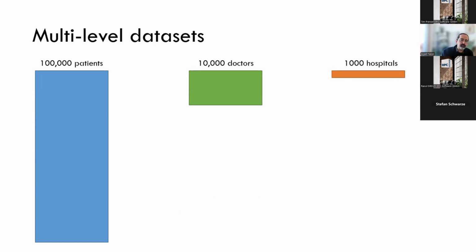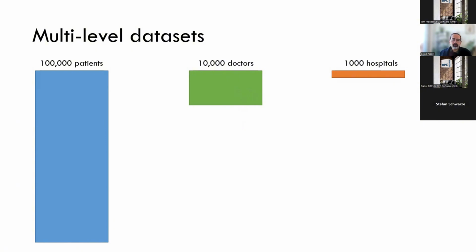It could be students, teachers, schools, right? And so this is a very common setup, where you have 100,000 patients, which could be looked after by 10,000 doctors in 1,000 hospitals, right? And so if you're doing some sort of analysis, you'll be saying, okay, let's analyze 100,000 patients and look at the attributes of doctors and hospitals, right?